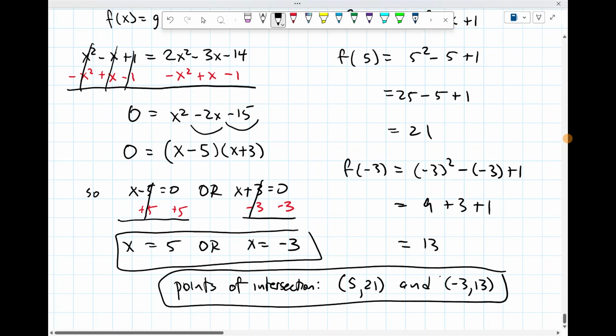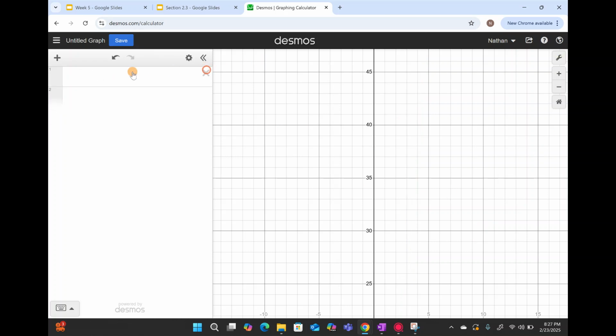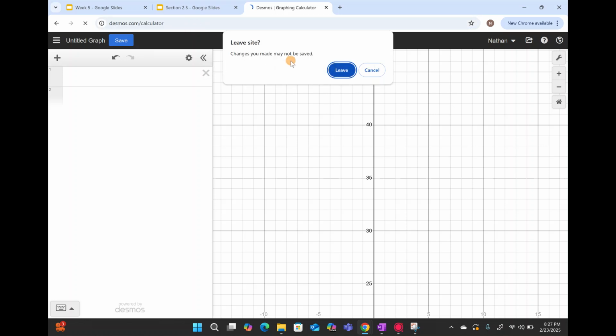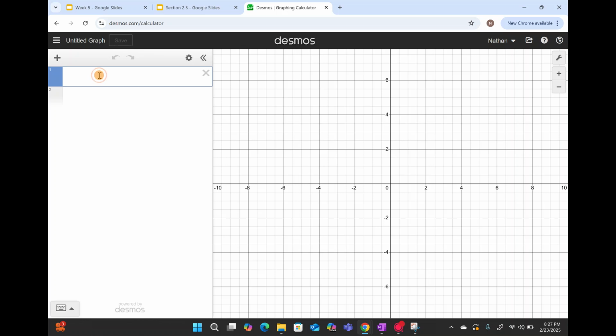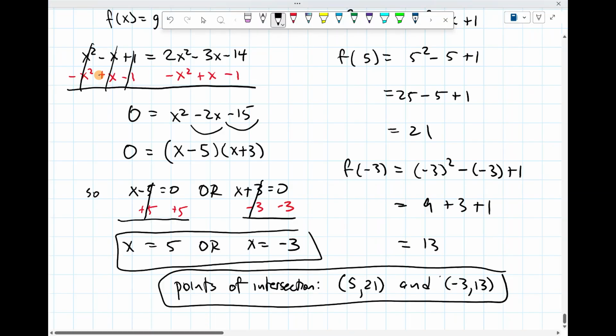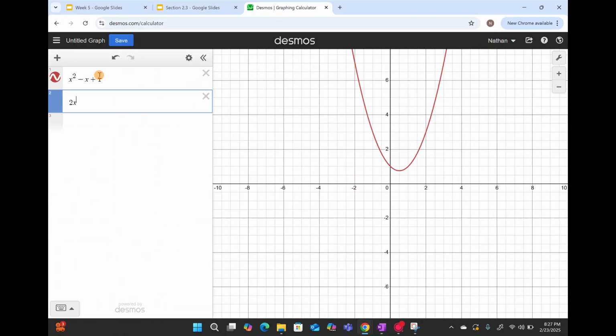So x squared minus x plus 1. I'm going to actually reset this real quick. x squared minus x plus 1. That's our first one. And our second one was 2x squared minus 3x, and I think it was minus 14.